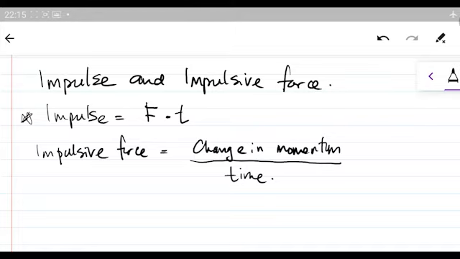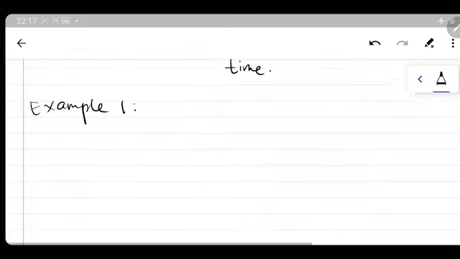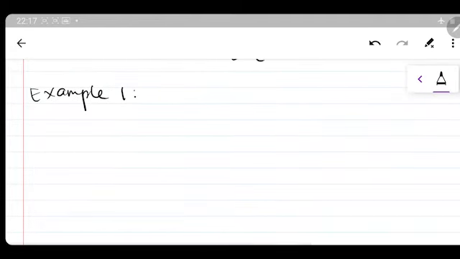These two concepts are very important for everyone to understand. You need to really understand impulse and impulsive force, the difference between them. Let me explain them in example number 1. Let's say a stationary object of mass 2 kg is acted on by a force for 2 seconds.